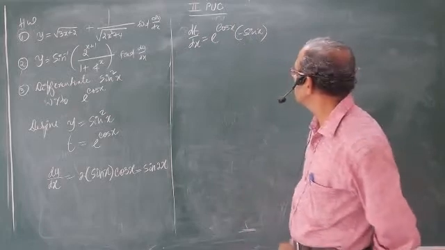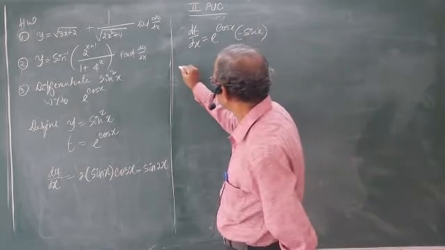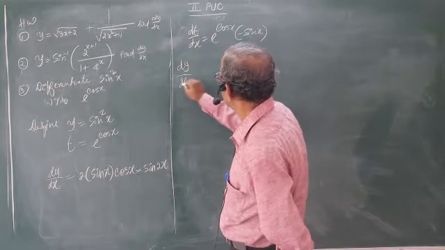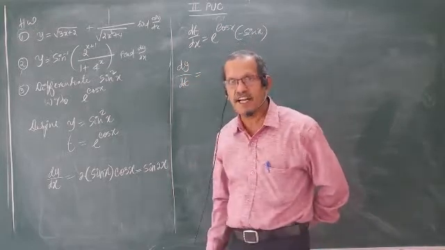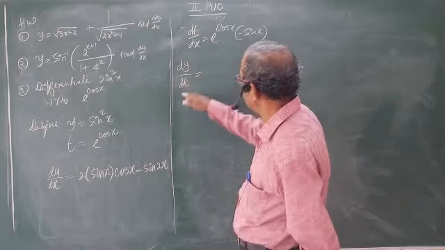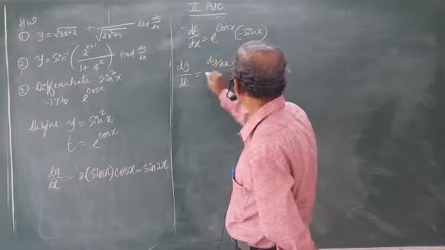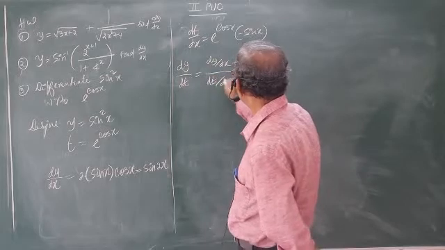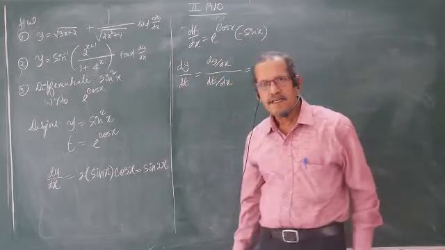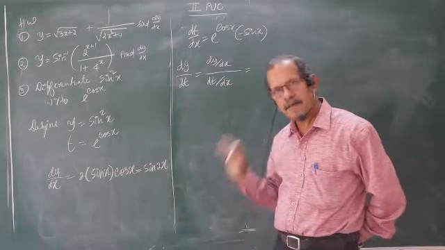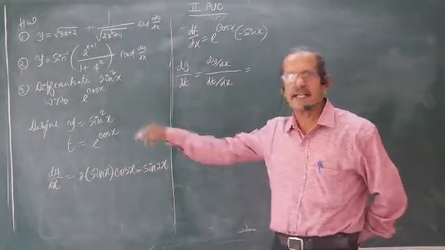Right? Now, the question is to find dy by dt. Remember, not dy by dx. dy by dt is dy by dx divided by dt by dx. Don't confuse this x and t. Here, actually, they have taken x as the parameter.